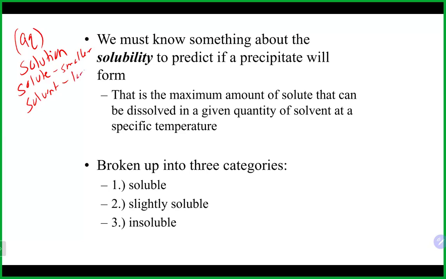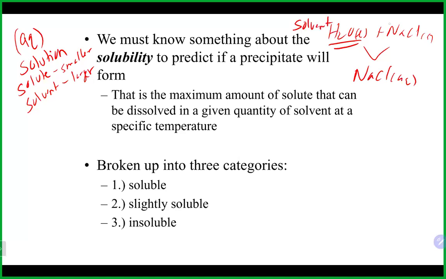And I think the example we did was water and some sodium chloride will make a sodium chloride solution. And again, water here would be our solvent, and our sodium chloride would be our solute.